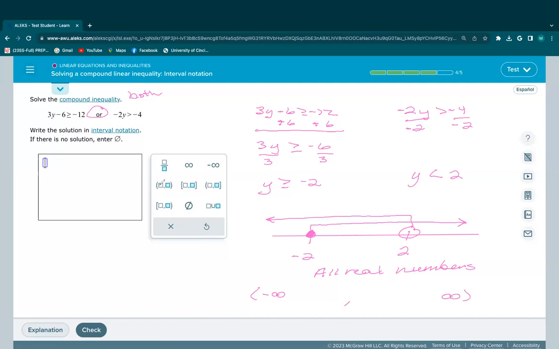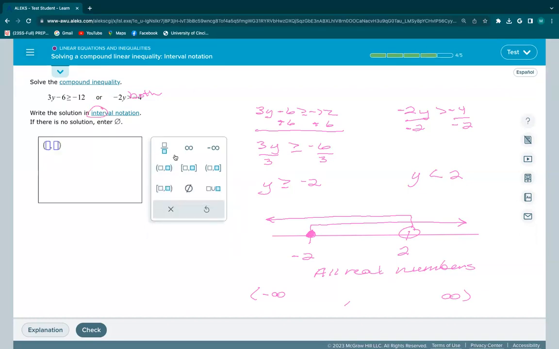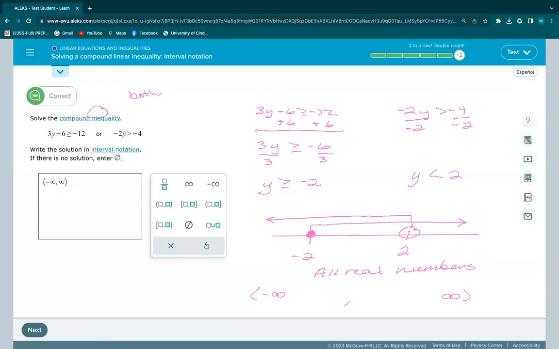All right, so I think that is what it's going to take. And we're going to do parentheses, negative infinity to infinity. Check our answers. Check, and we are done with that topic.